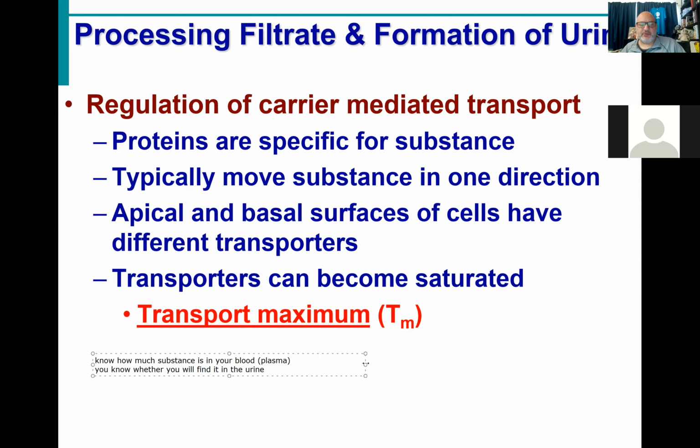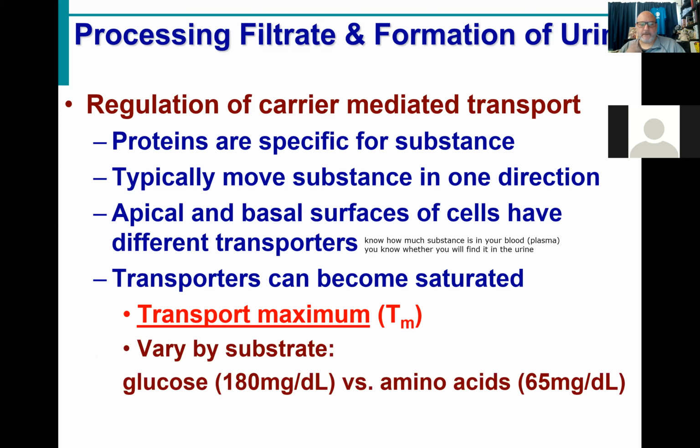Let's take a couple simple examples. The transport maximum for glucose is about 180 milligrams per deciliter.